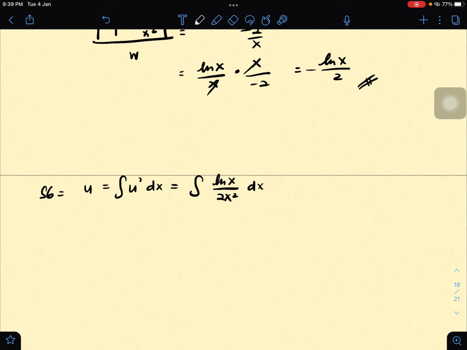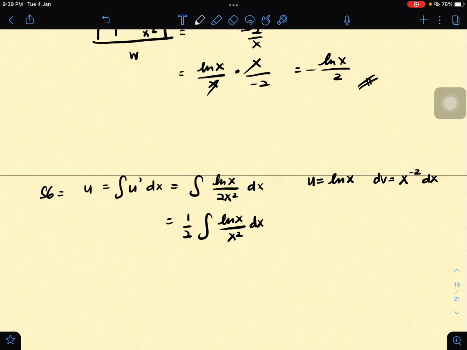You need to use integration by parts. The first one, you let your u equal to ln x, and you let your dv equal to, I bring the 1 over 2 out to the front, so you are left with ln x over x square dx. So u equals ln x, dv equals x^-2 dx.